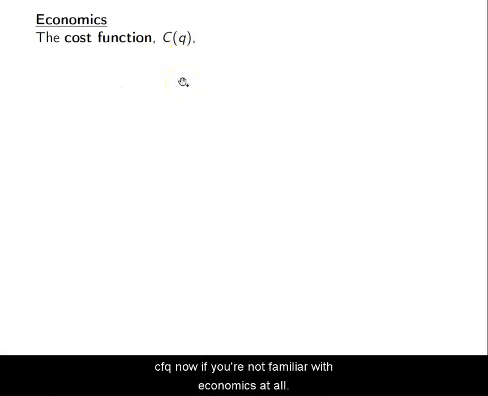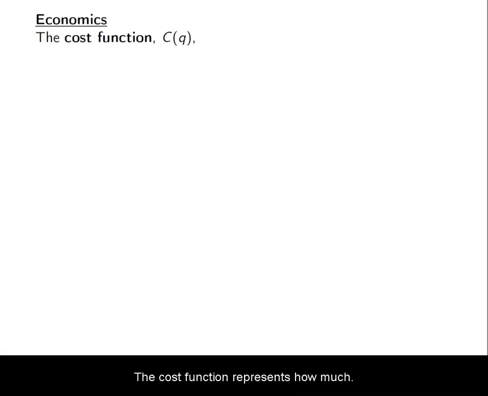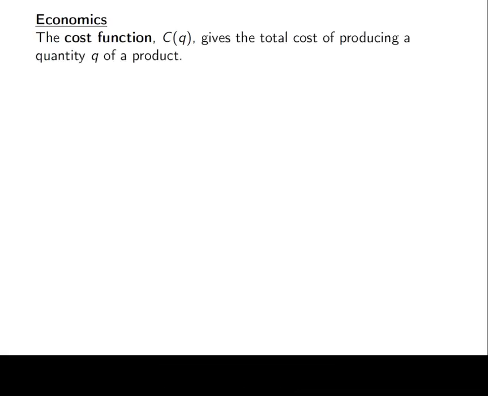Now, if you're not familiar with economics at all, the cost function represents how much it costs to produce a product, basically, right? So if I'm making cupcakes, I have to buy all of the ingredients for the cupcakes.